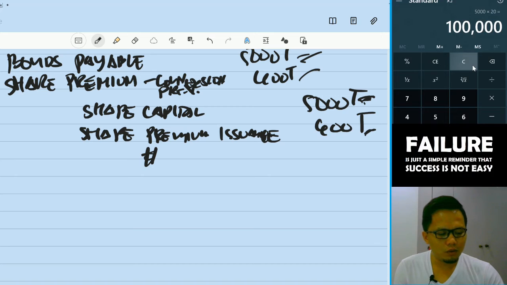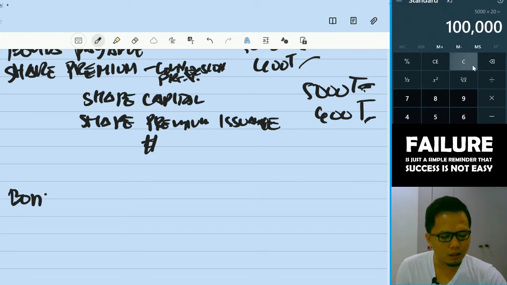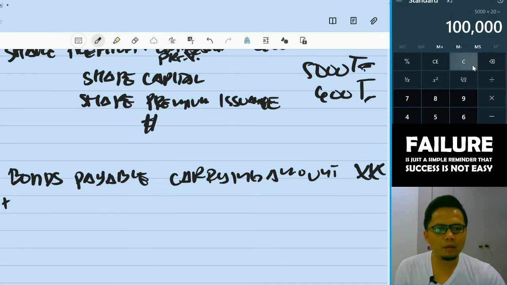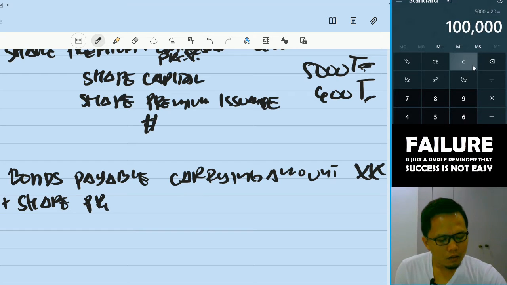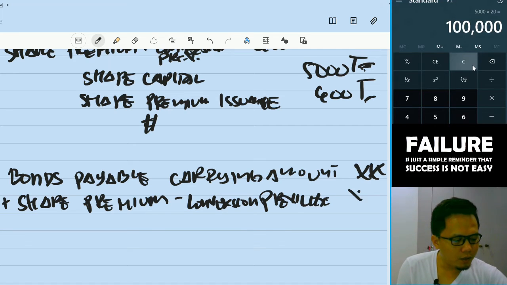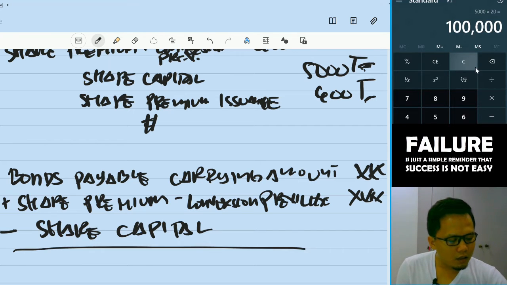Basically, if we are to compute it in tabular form, the share premium issuance is computed as the bonds payable carrying amount plus share premium conversion privilege less share capital.